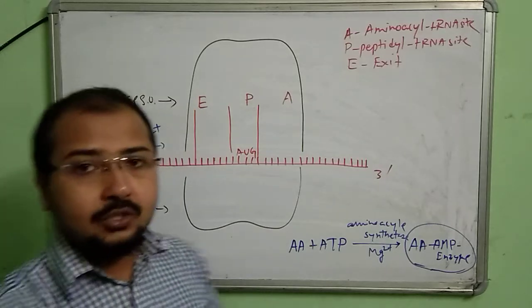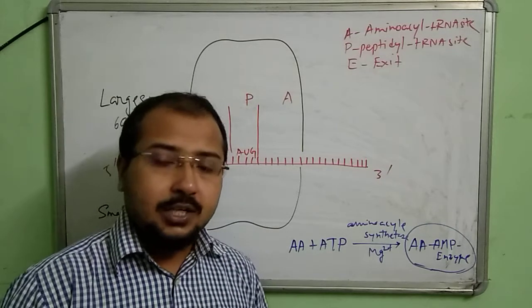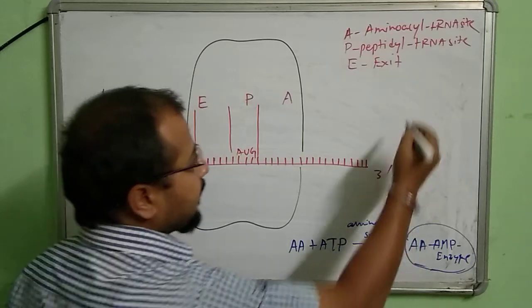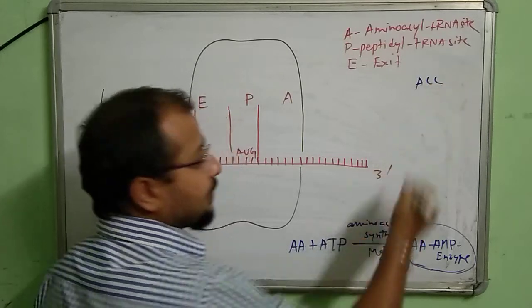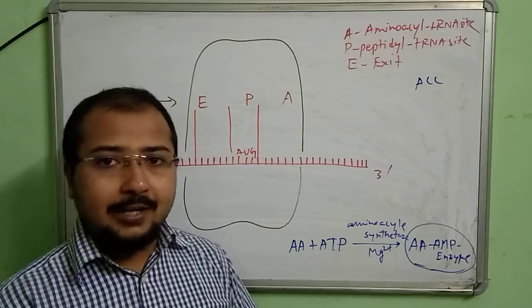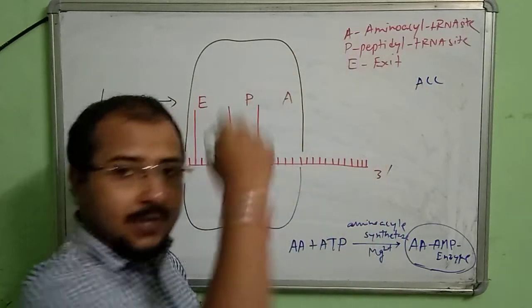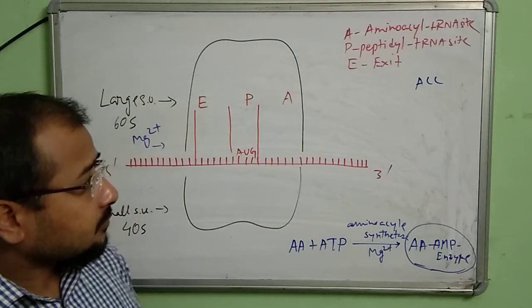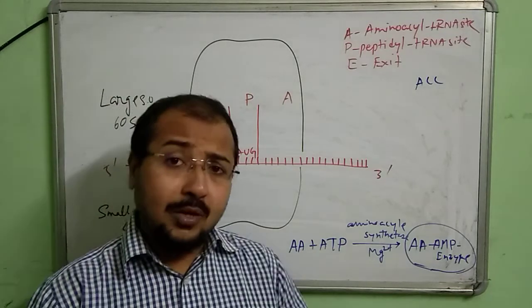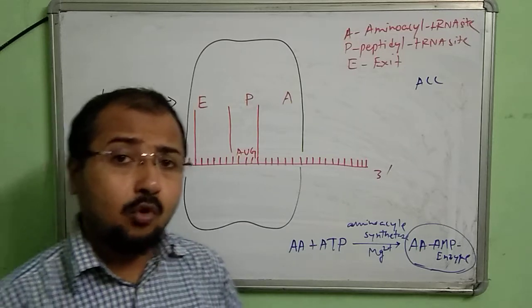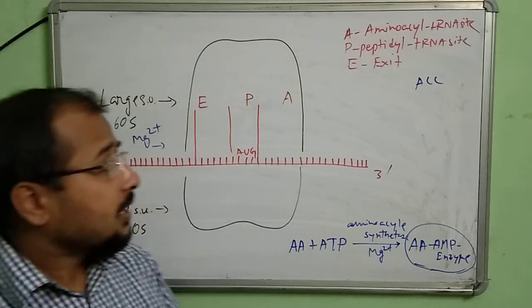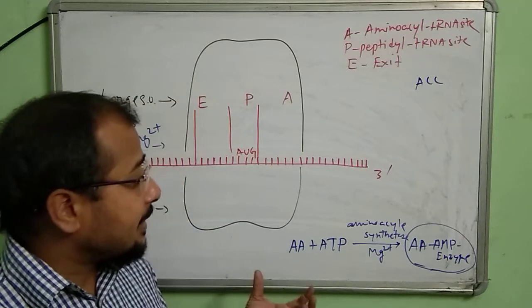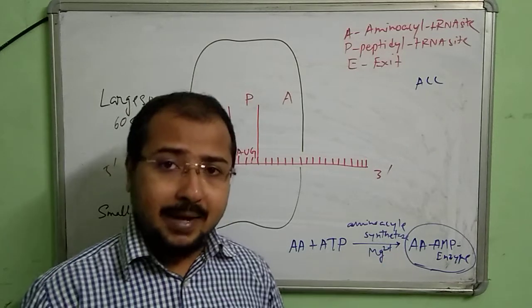As you know, we have already done the tRNA topic. If you remember, at the 3' end of the tRNA the sequence was CCA, or ACC you can say, where the amino acid binds. One more site: there are 4 arms, and at the DHU arm the enzyme amino acid synthetase binds.